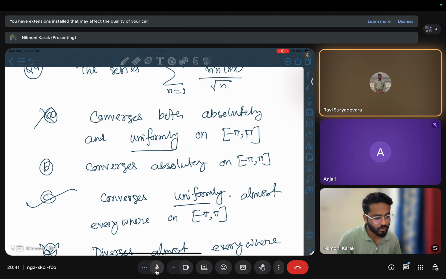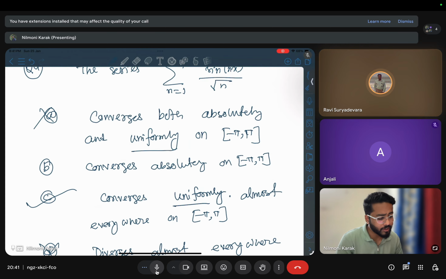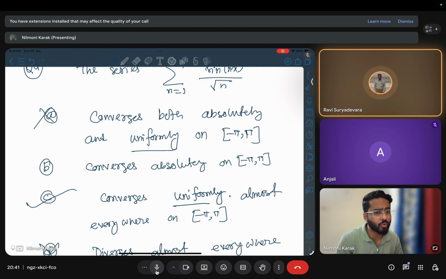I have checked one more thing. For option C, the reason is given also: hence, point-wise convergence everywhere, not just almost everywhere.